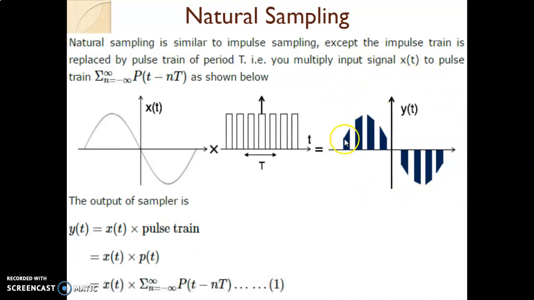You can see the samples: the analog signal is converted to samples placed at regular intervals, and the frequency at the output definitely depends on the sampling frequency. We are going to see in detail the role of the sampling frequency in sampling the analog signal.